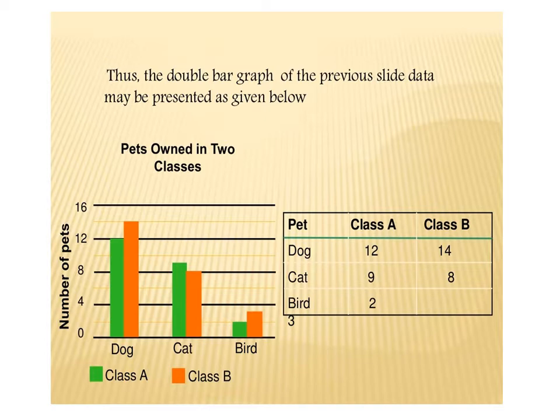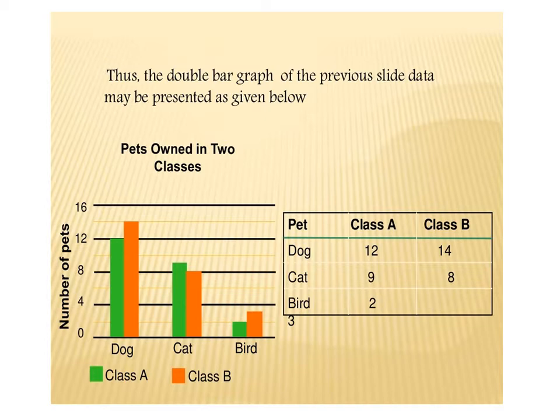Here the minimum number of pets is 2 and the maximum is 14. So we choose a suitable scale for the number of pets. Here we choose the scale of 0, 4, 8, 12, 16 and so on.